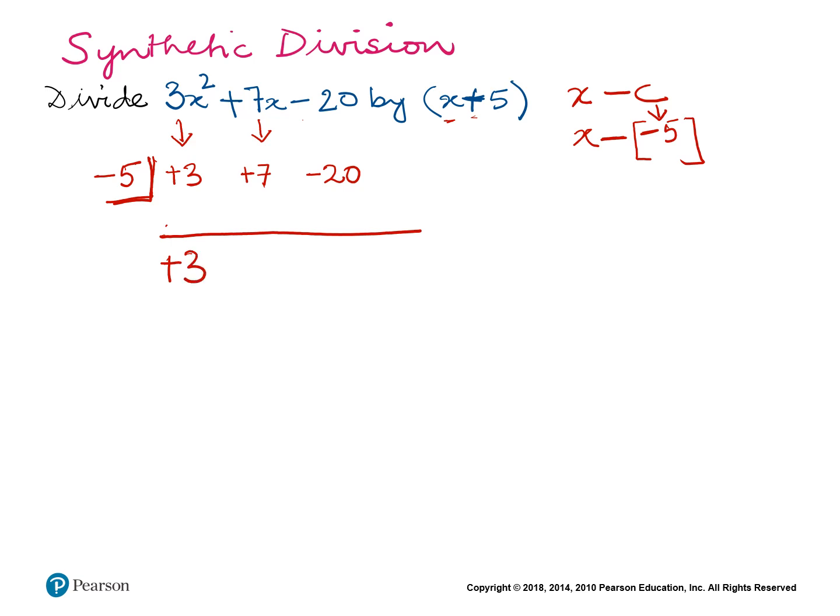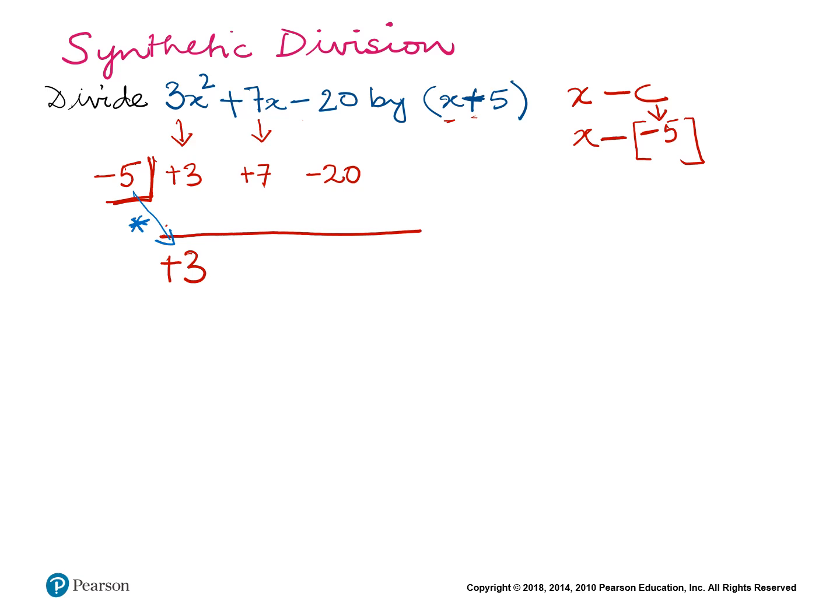And then in the next step, what we will do is multiply minus 5 with positive 3. This is multiplication, all right? We are multiplying, not adding, not subtracting. We are multiplying minus 5 with what is under the line, plus 3. And minus 5 times positive 3 is minus 15.